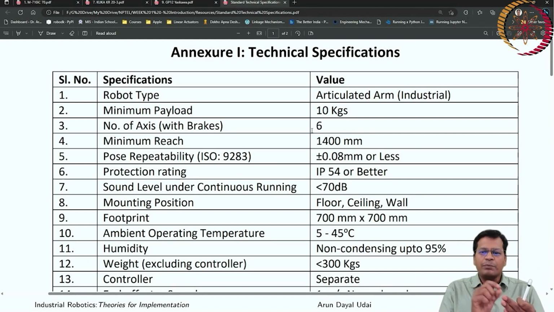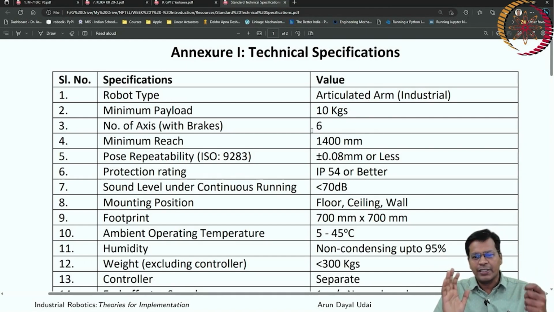If it claims to be so repeatable as per ISO 9283, that qualification should be tested. Okay, and if required, they should be able to provide me with all the test certificates. So that performance should be guaranteed based on that.